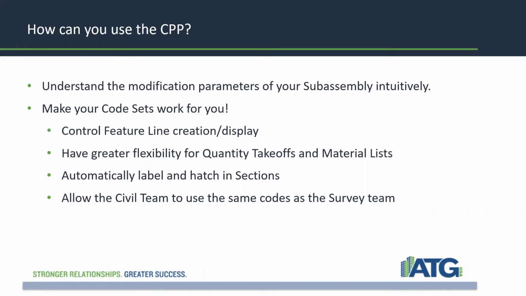So now whenever anyone's talking about a back of curb, they're always speaking the same language. And lastly, we can use the modification of the PKT file to get the rest of those codes put in there for us, so we don't have to do it every single time inside the software.